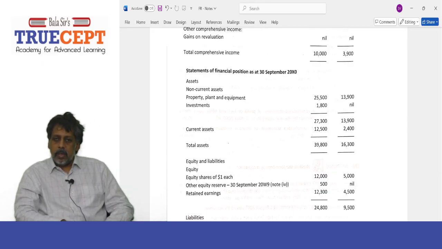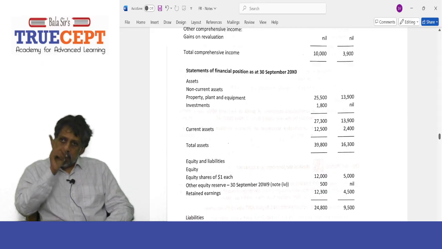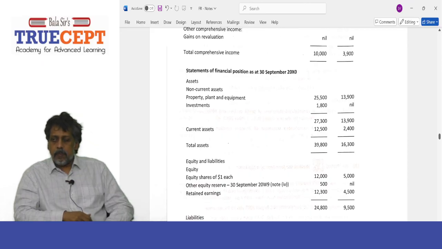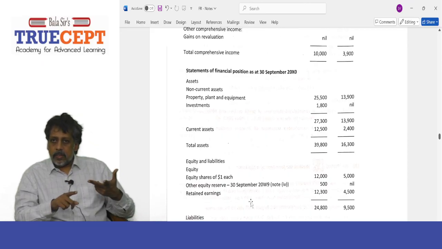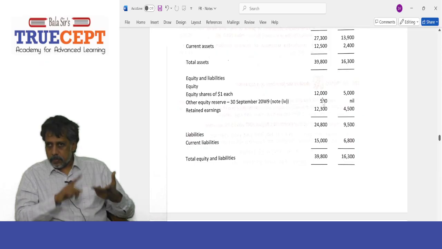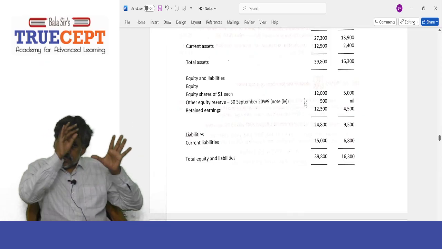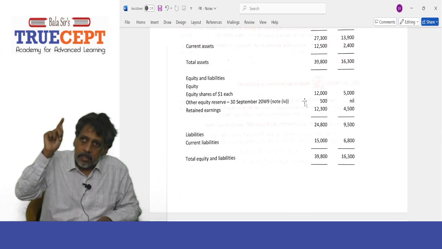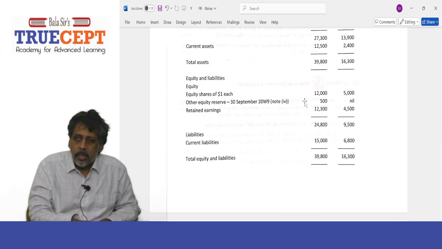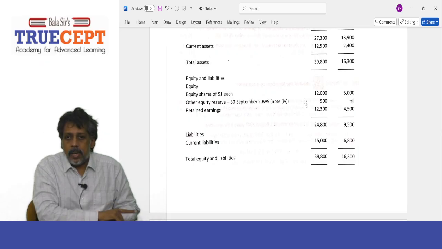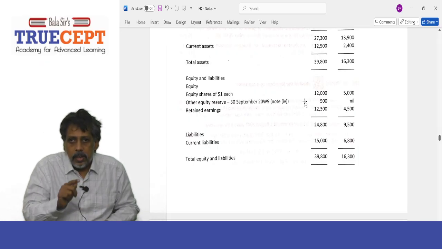Understood? And also refer to the balance sheet under equity. You have other equity reserves of 500 under Premier. That is the OCI reserve created in the past for these investments. That is a bit of Ind AS 109 on financial instruments.